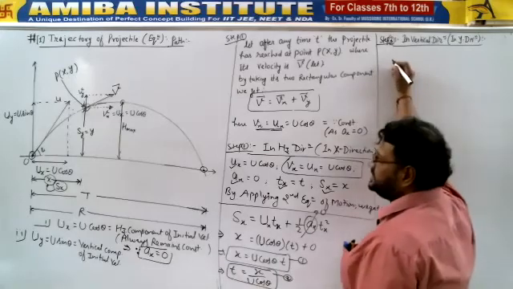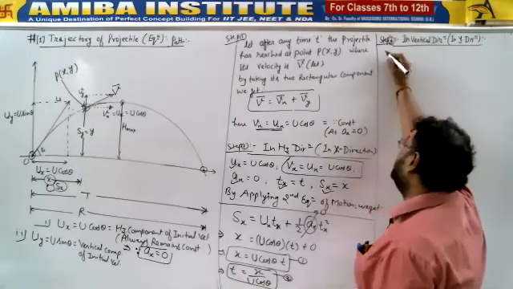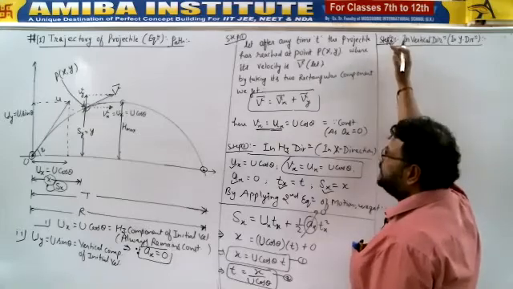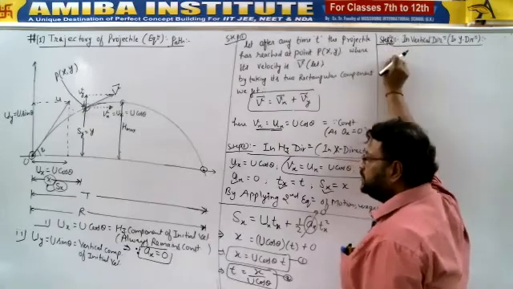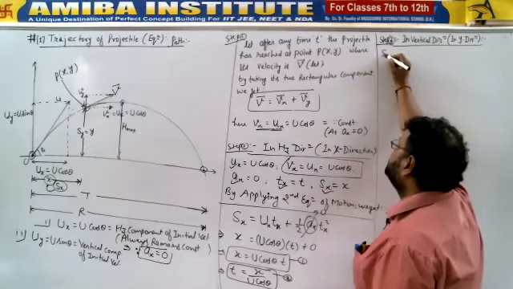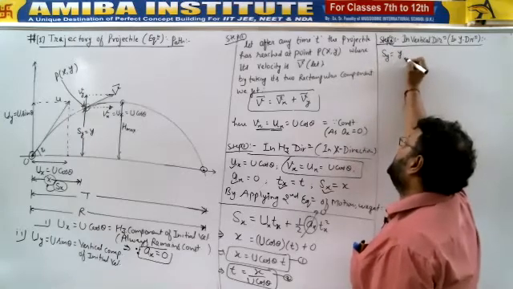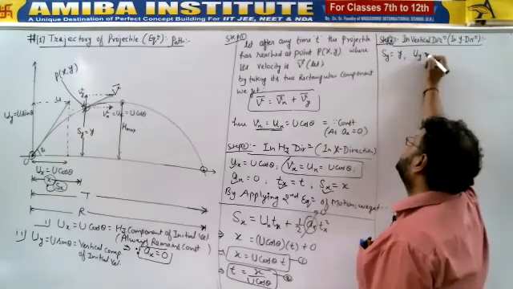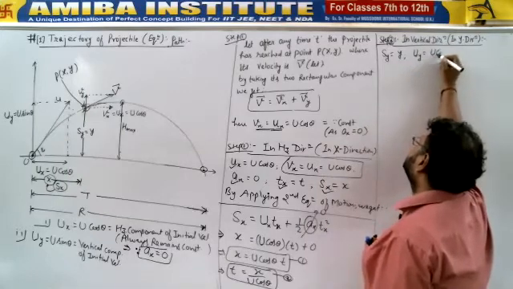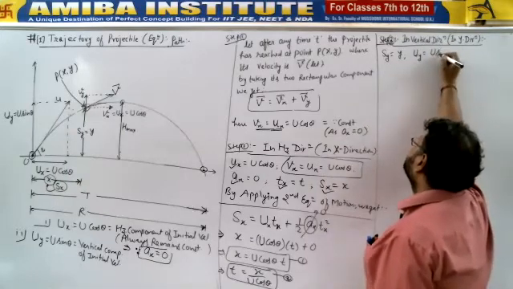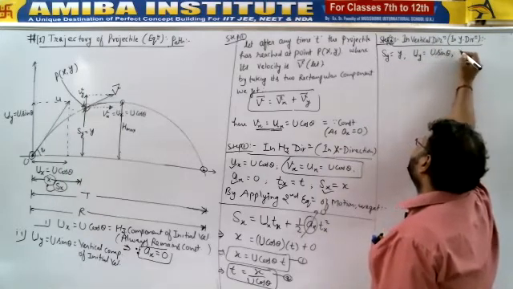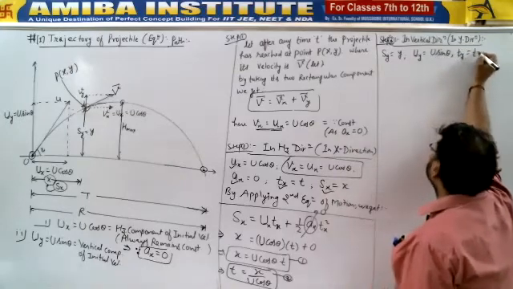So in y direction, what can we apply? Again, first write the data. Whatever data we have, please do write them. So what data do we know? Sy is equals to y, uy is equals to u sine theta, and clearly ty should be t only.